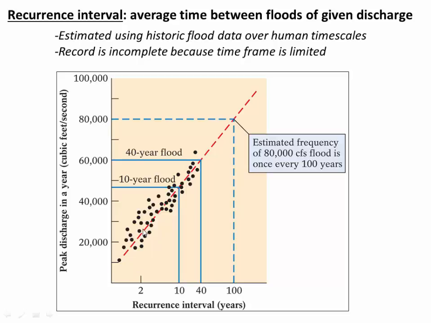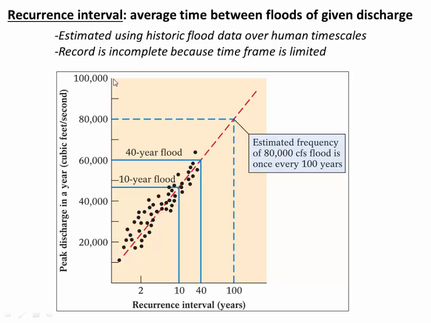But it's important to recognize that this record is incomplete. We're only considering data over a human timescale, which means that we might have missed the very, very large flood events that happen very rarely. So for example, it doesn't mean this 100,000 cubic feet per second flood never happens. It just means it might only happen every 1,000 years, and that we have no record of it happening on a human timescale.